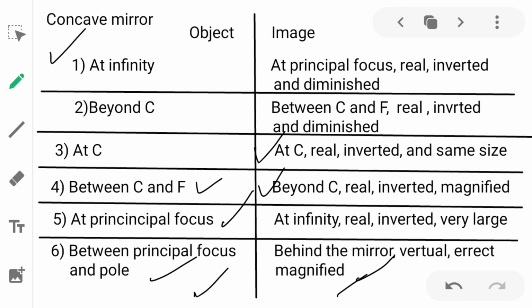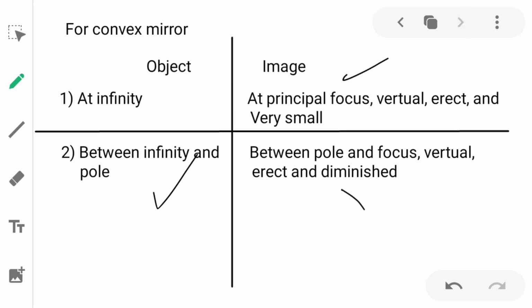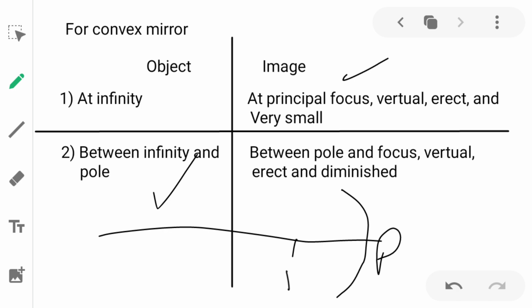Now, how to remember this list? For that, you can consider a concave mirror. You can divide the principal axis as pole, principal focus, C, and infinity.